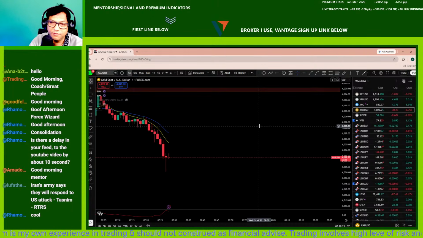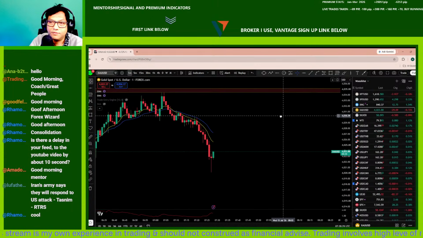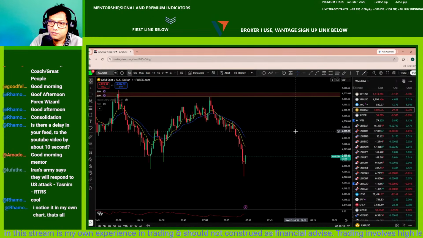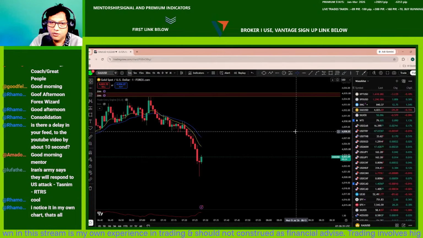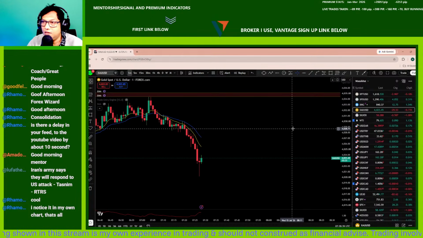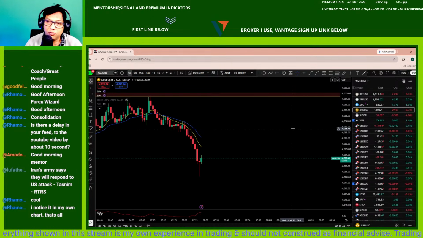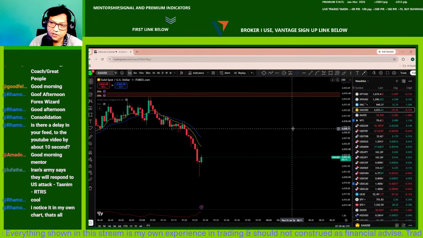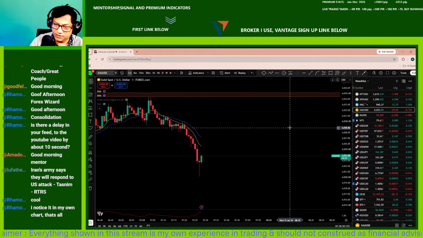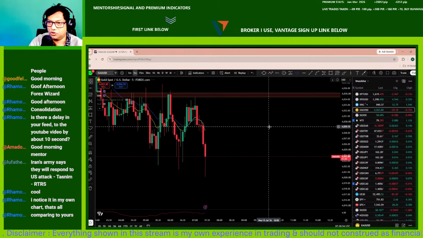Even the speed of light will take a few seconds, right? I noticed in my own chart. Okay, so there might also be, depending on your internet connection, if the connection is a little slower, it might take some buffering time.